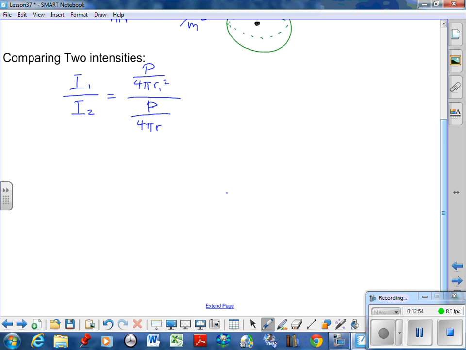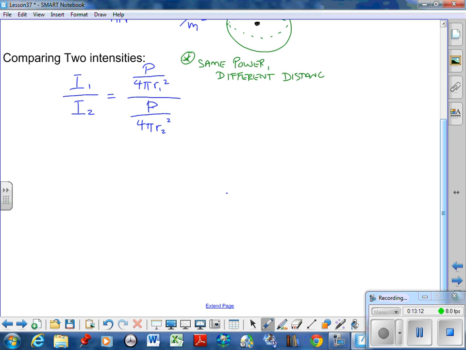So basically I'm changing distance here. Okay. I'll note that. So same power, different distance.